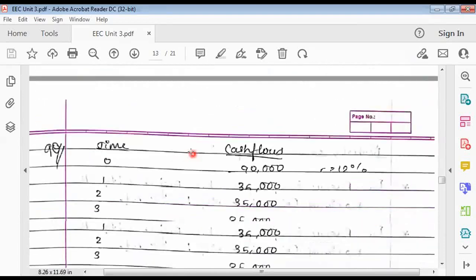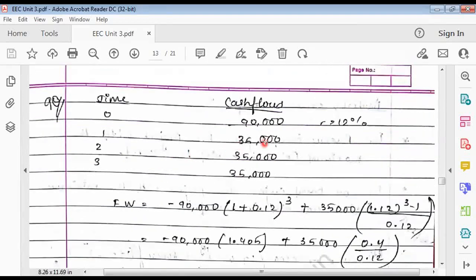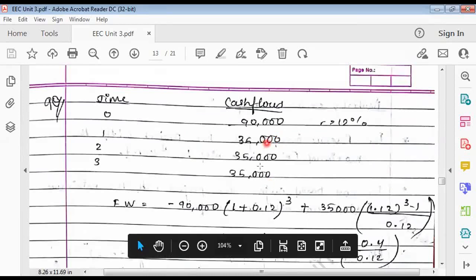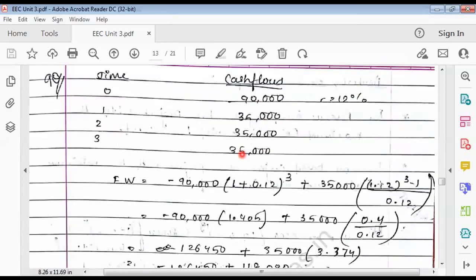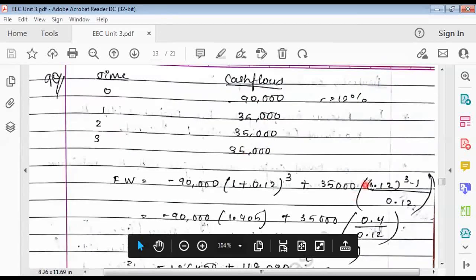And in the next question, the returns have deliberately been equated for all 3 years, so the students can apply the second formula as well. You see the second formula has been used for 35,000 times (1 plus 12%) to the power 3 minus 1, whole divided by 12%.